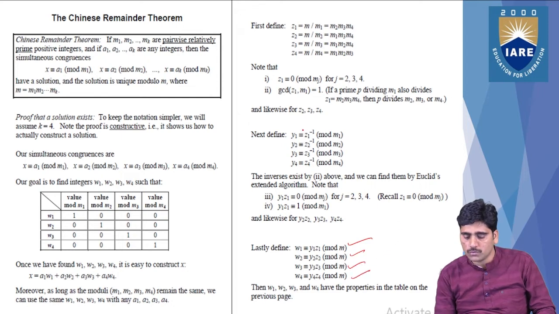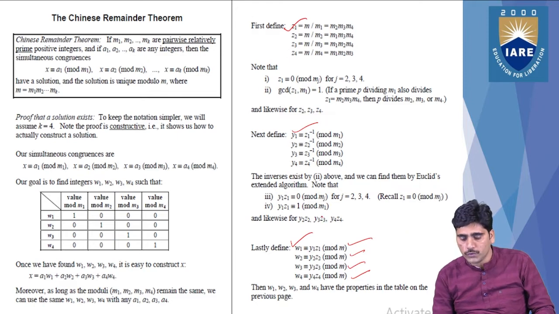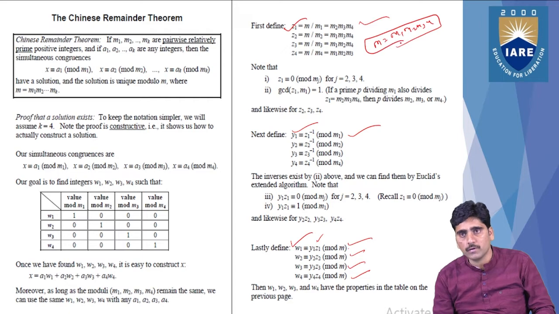So we got the Y1 values and the Z1 values. Now we need to find the W1, W2, W3, W4 values. W1 equals Y1 Z1 mod M. Y1 we know already, Z1 also we know, and M we also know, so M equals what? M1, M2, M3, M4. This is the value of M, right?